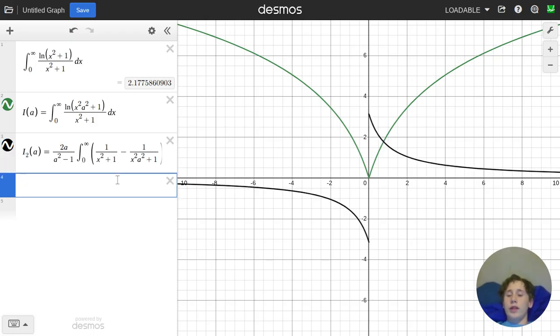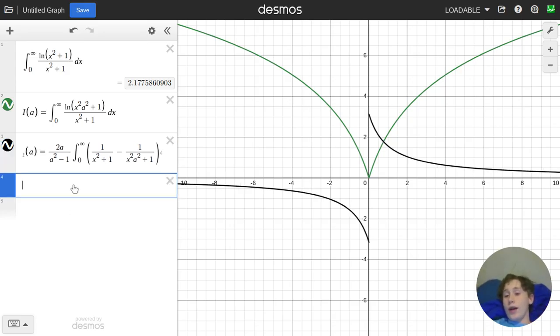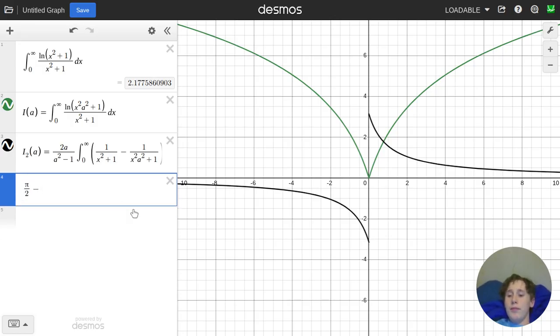We love trigonometry. I need to really work on my trigonometry stuff with calculus. But this becomes pi over 2 minus pi over 2a. That's what those two things become.